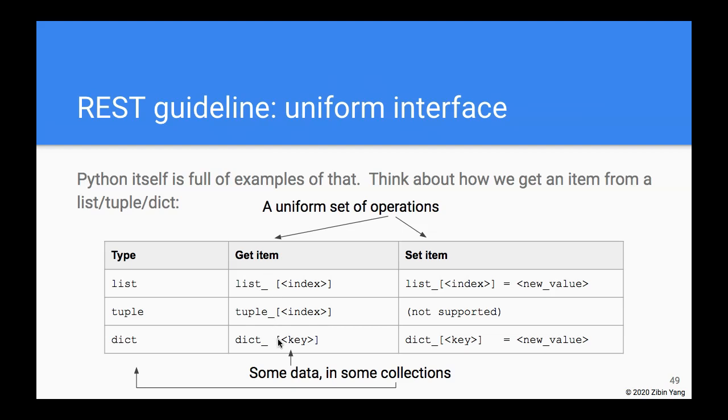Now, another thing that I want to draw your attention to is that for all operations, there's a uniform set of operations, and they all operate on some data that are in some sort of collections: list, tuple, dictionary, etc. Right?